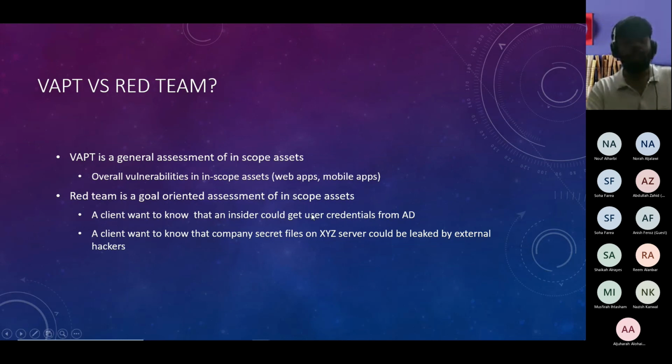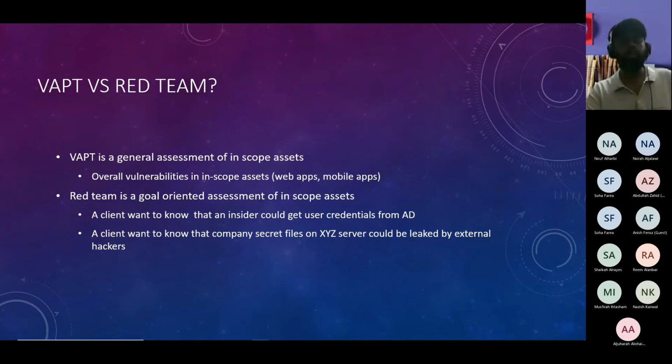I've given the example of AD, because AD is a very critical component in IT infrastructure. All the user credentials are saved in that AD server. So maybe a business owner, maybe your bank owner, will want to know that my users' credentials are safe. I'm just worried about whether my user credentials are safe or not.